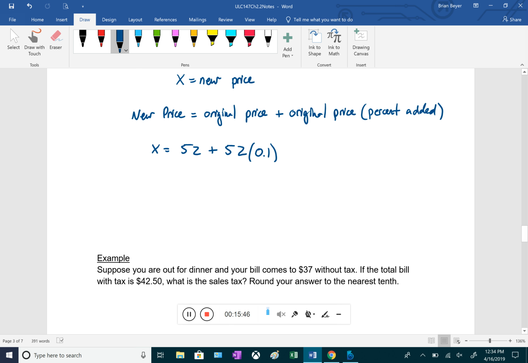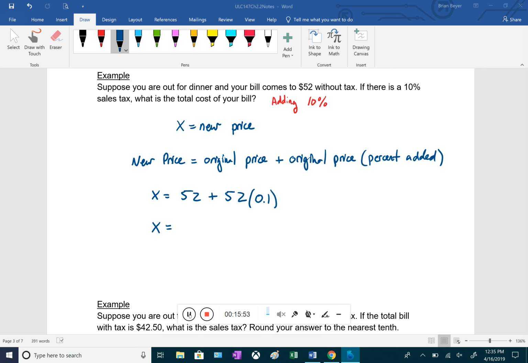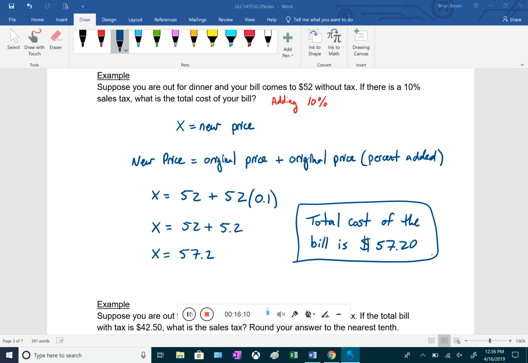So simplifying this, we get X equals 52 plus 5.2. So X equals 57.2. So this means that the total cost of the bill is $57.20.